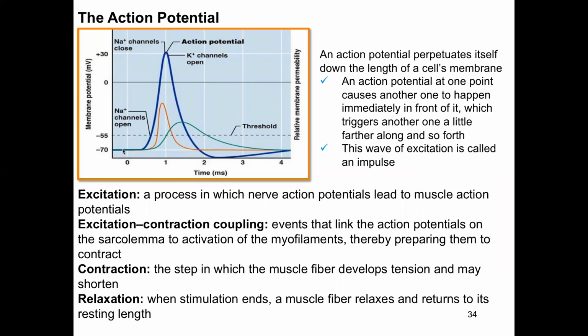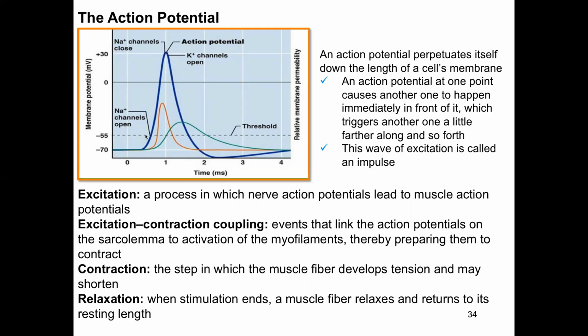And that's going to allow some sodium to come in. And when it does that, it's going to get it closer and closer to what we call threshold. In this diagram, threshold is about minus 55, because remember, as sodium comes in, it's going to go down its concentration gradient, and it's going to bring that membrane potential upwards.